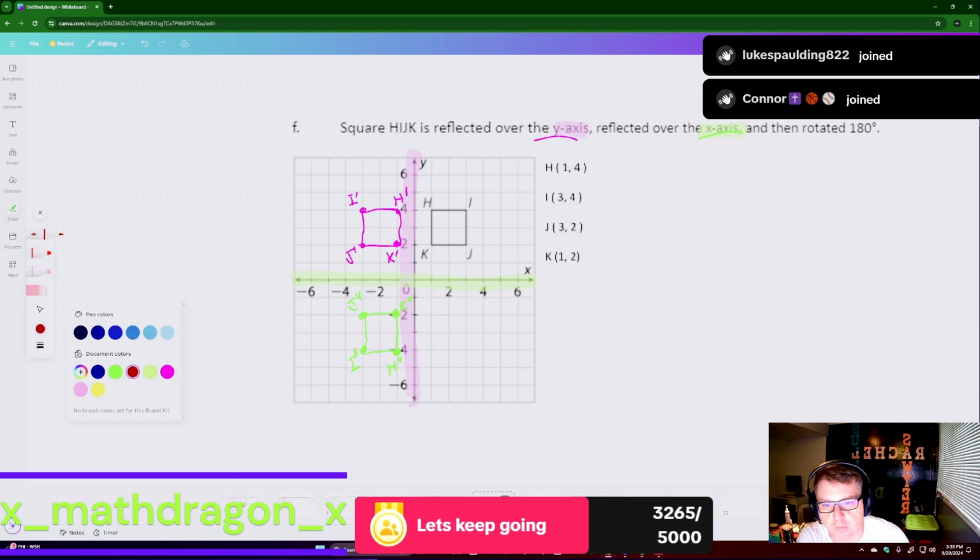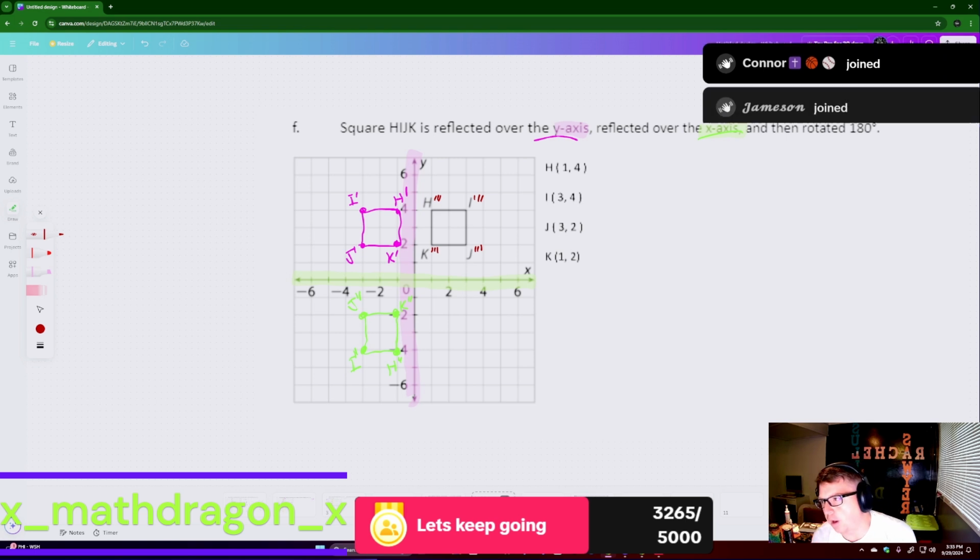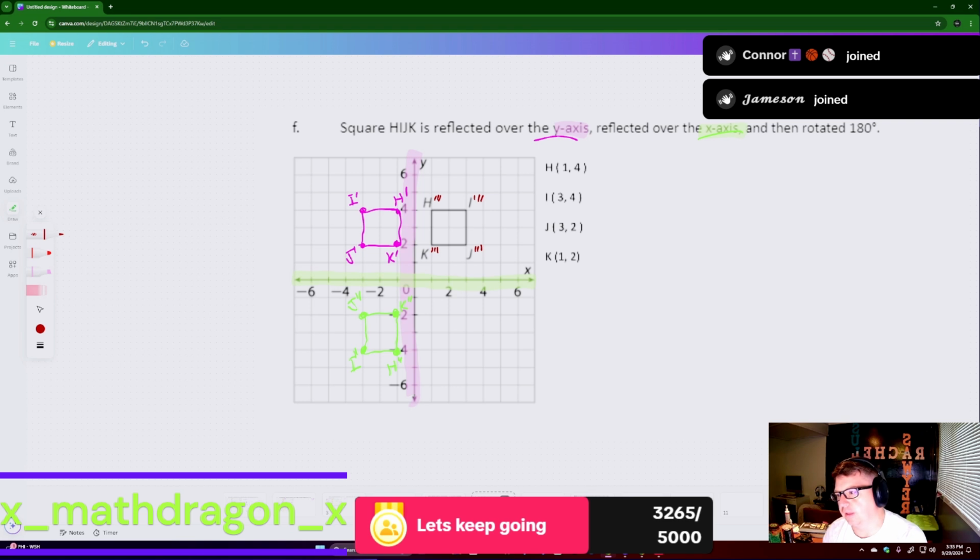Well, if you don't, keep practicing, but you're going to find that it's going to be back to the original picture. So it actually just falls right on top of our original problem, which is pretty clever at the end of the day. So we reflected, then rotated 180 degrees, and we ended up right back where we started.